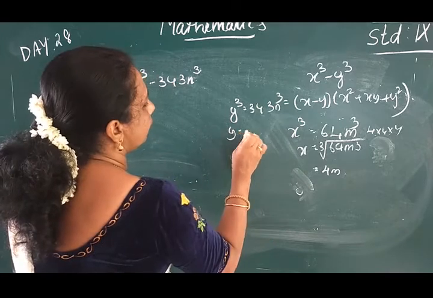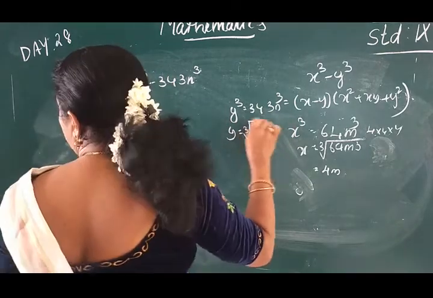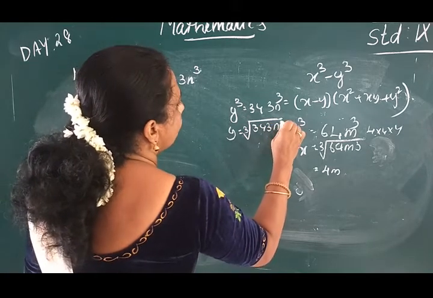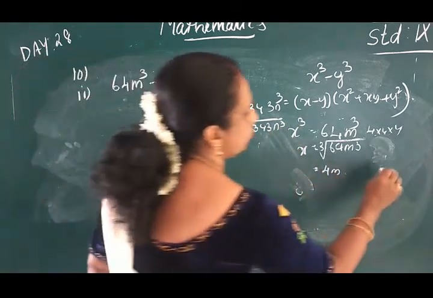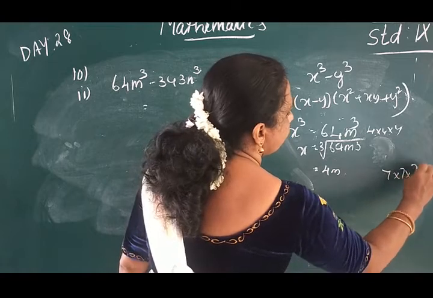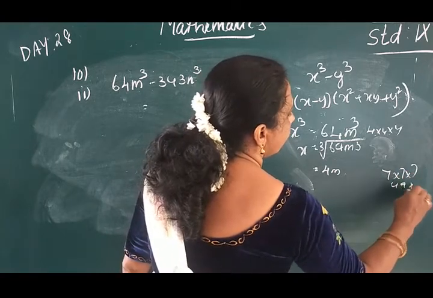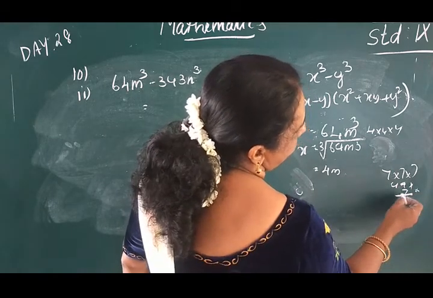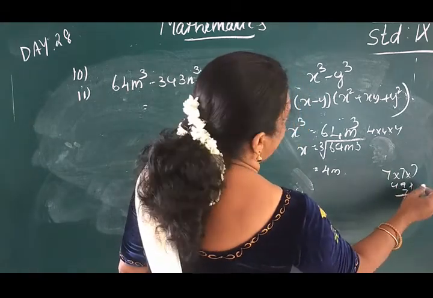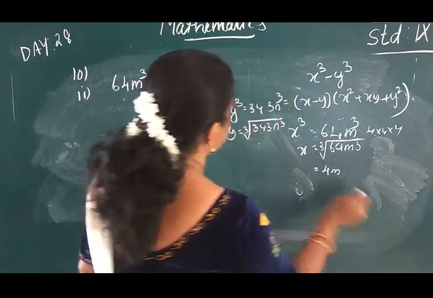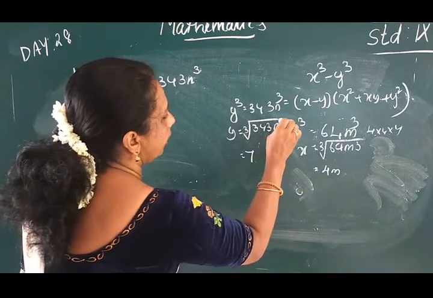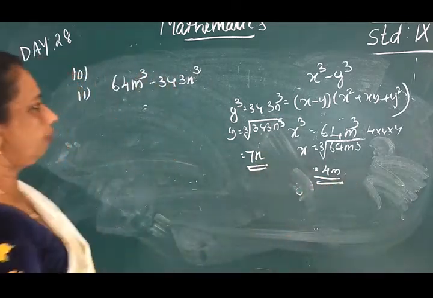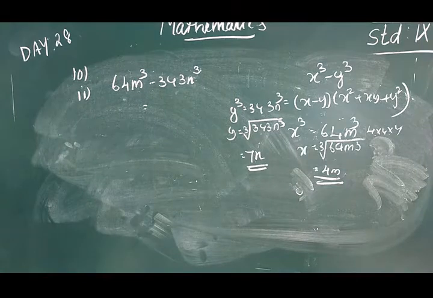Then y is equal to the cube root of 343 n cube. 343 is equal to 7 into 7 into 7: 7 sevens are 49, into 7 is 343. That is equal to 7n. So x is equal to 4m and y is equal to 7n.